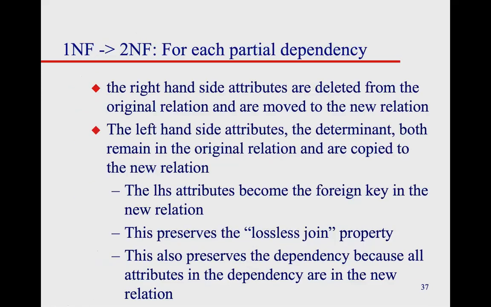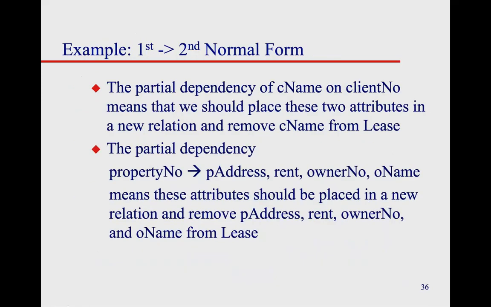Okay, and these two slides just reiterate what I was telling you, that we're moving the partial dependencies to new relations, and that attributes in transitive dependencies have to move as well.